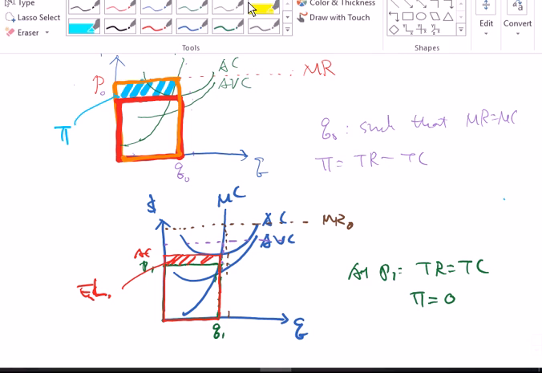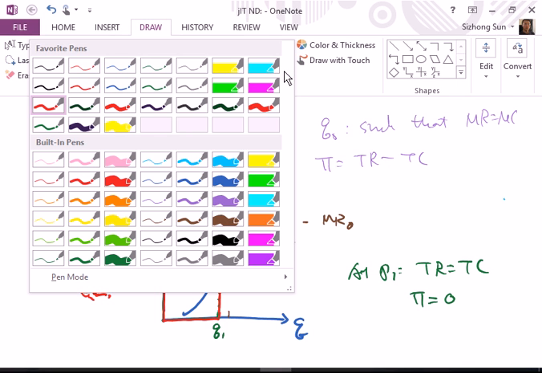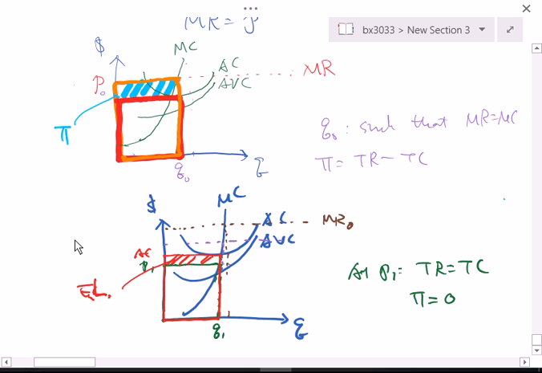Should this firm shut down or produce zero output? The answer is no. To see this, let's go from quantity up to the average variable cost. So we find the average variable cost.